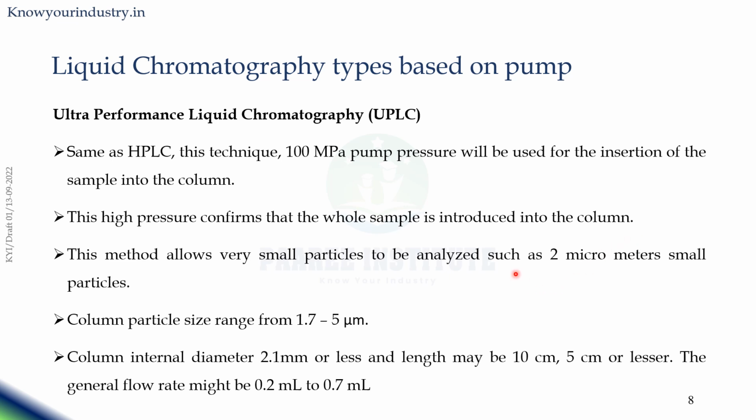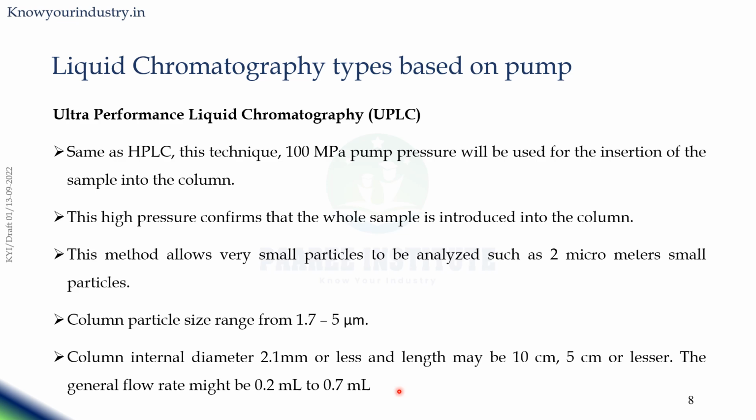UPLC allows particles as small as 2 micrometers, and the column particle size ranges from 1.7 to 5 micrometer. The column internal diameter could be 2.1 millimeter or less, and the length may be 10 centimeter or 5 centimeter or lesser. The general flow rate will be 0.2 ml to 0.7 ml, which is a huge difference between HPLC and UPLC.